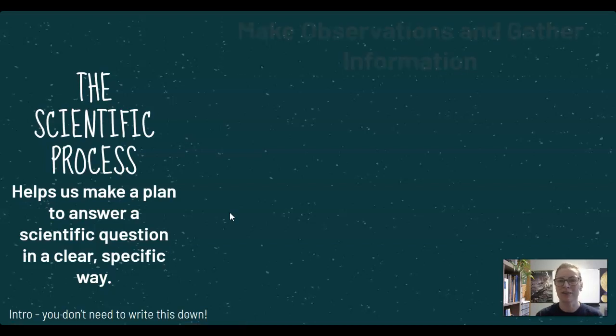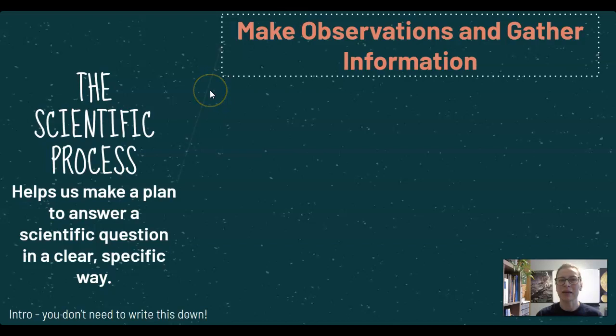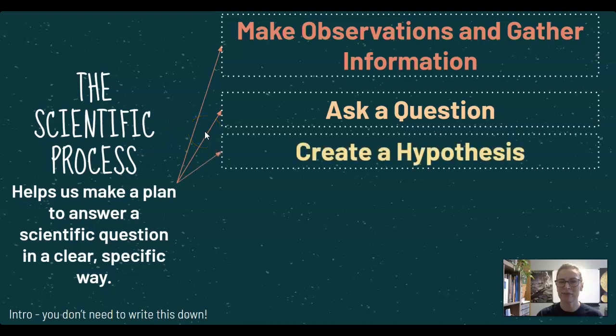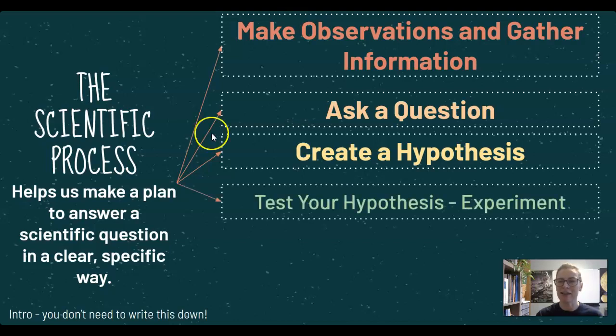So what is this process? The first step is to make an observation and gather information. Next, based on your observations and information, ask a question. Then, based on that question, create a hypothesis and develop an experiment to test your hypothesis.